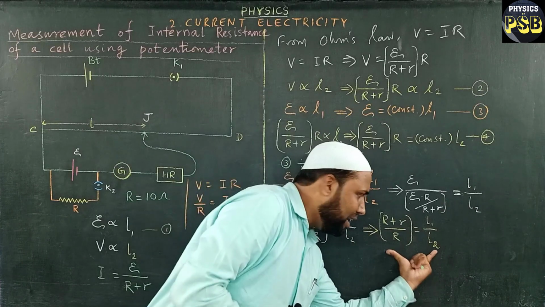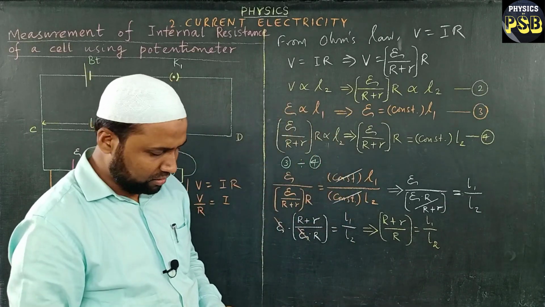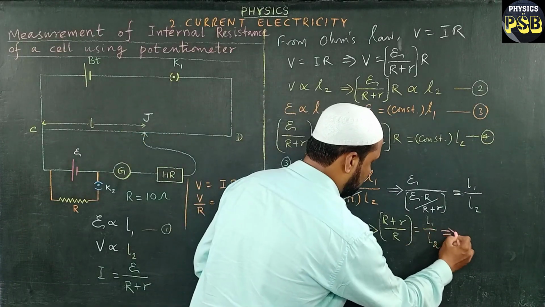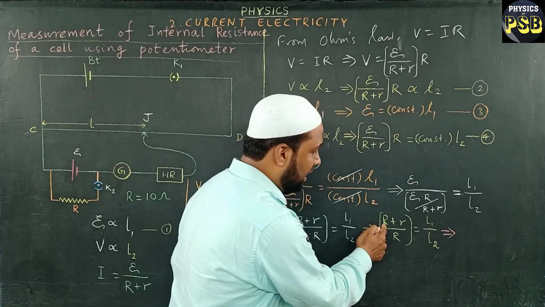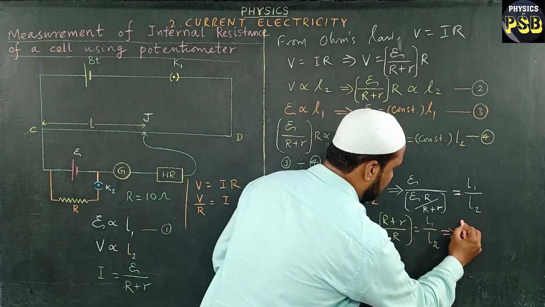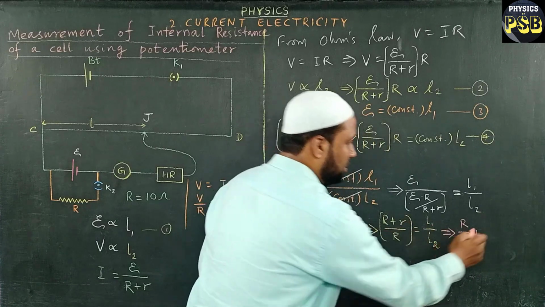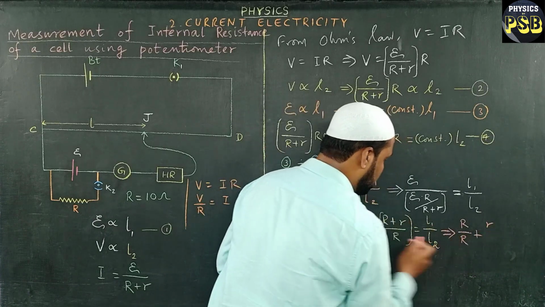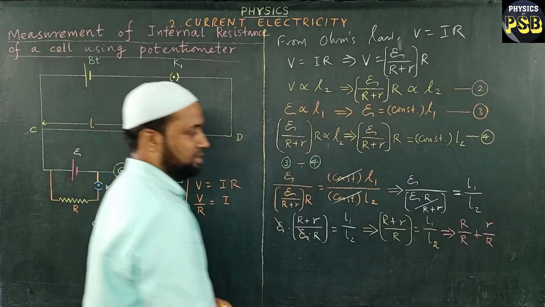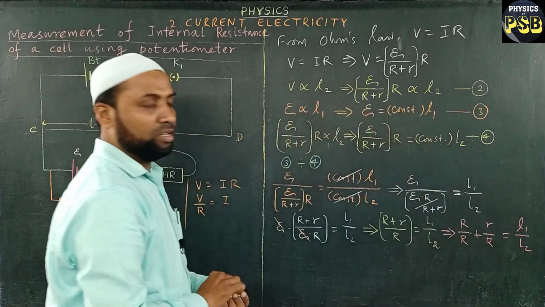Now, I expand this expression. How do I do so? Look here. Expand it this way. First I take R and divide by the term present in the denominator, that is R divided by capital R, plus I take this term and divide it by the term present in the denominator. So it is equal to L1 upon L2.